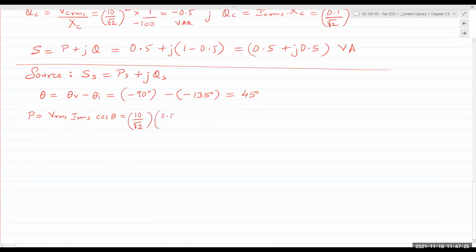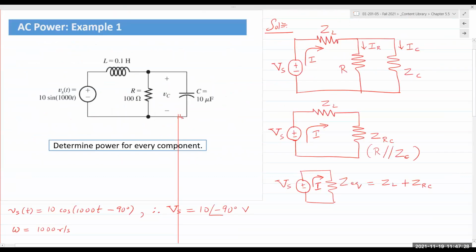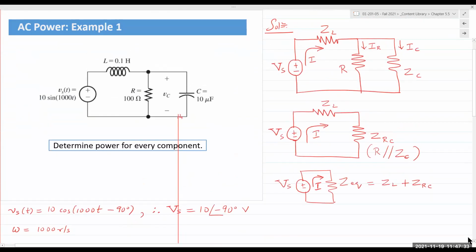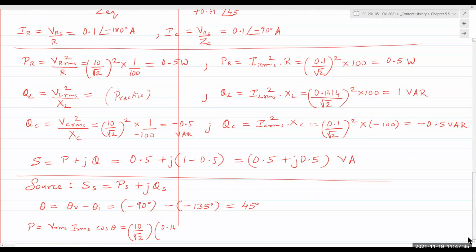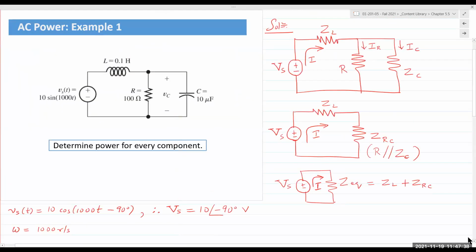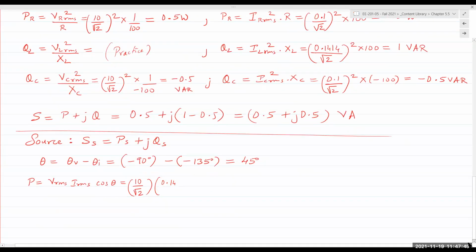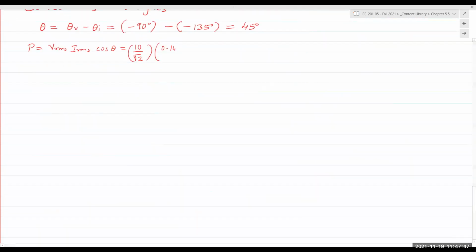IRMS for the source would be 0.1414 divided by root 2, and cos 45. This comes out to be, surprise, surprise, 0.5 watts.